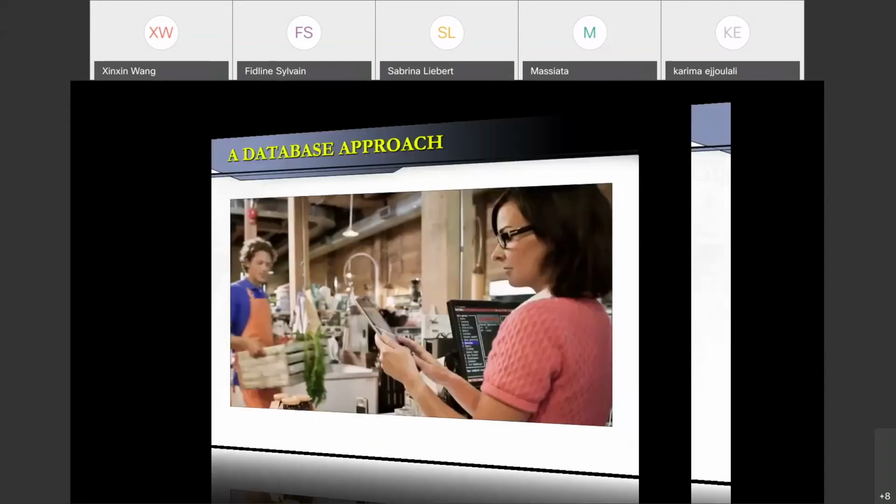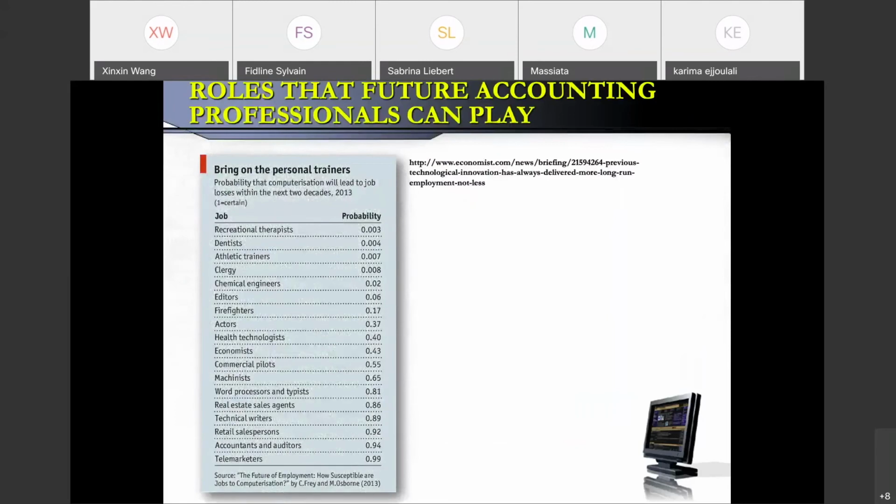Okay. So next, I want to talk about the role that future accounting professionals can play. As you can see, this chart is from the Economist.